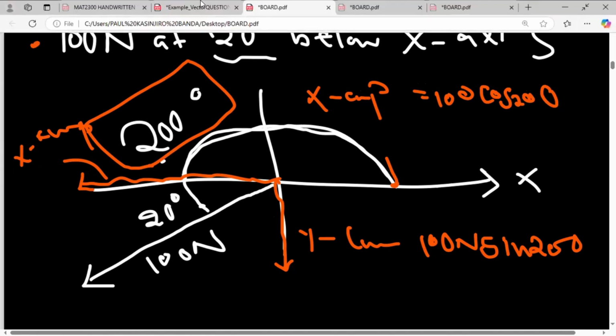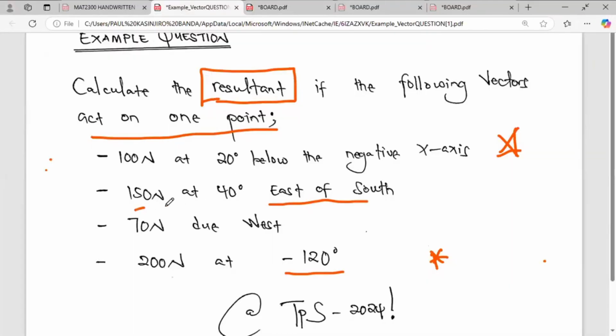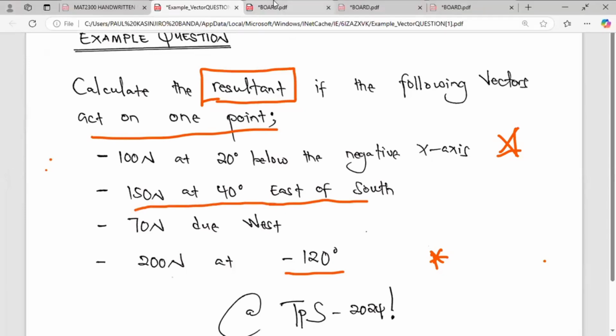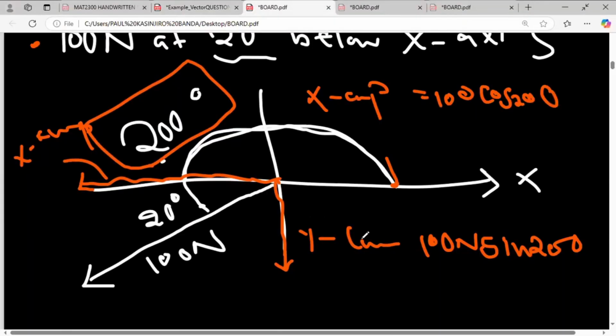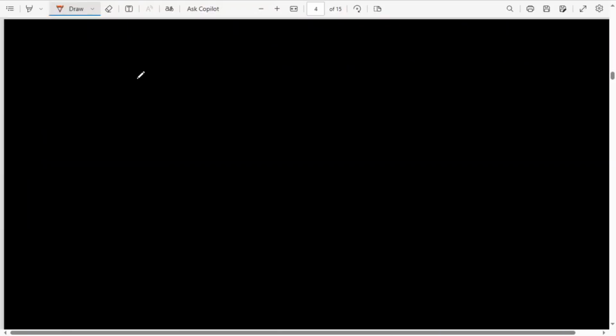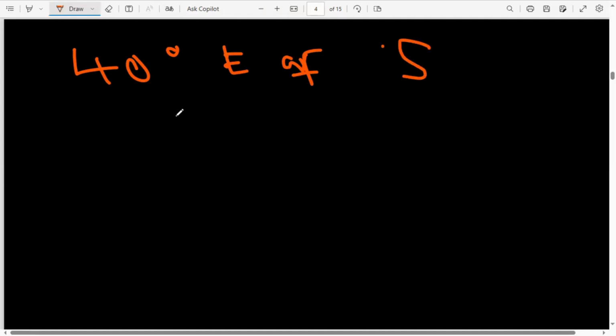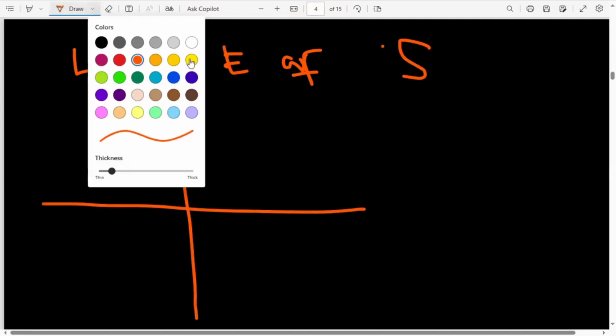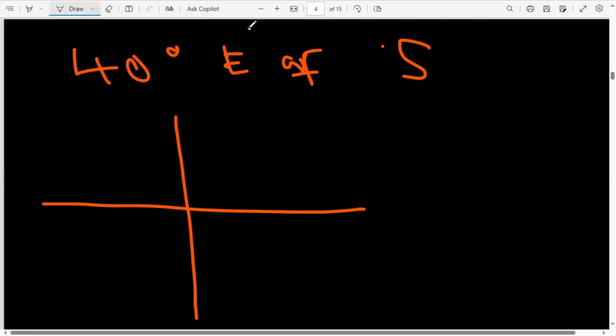And then the second one was 150 newtons at 40 degrees east of south. So we'll have to draw that. Let's draw the x-y plane here and resolve this vector into its components.